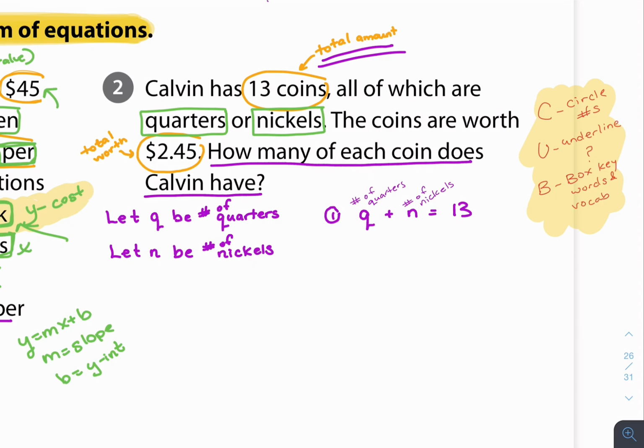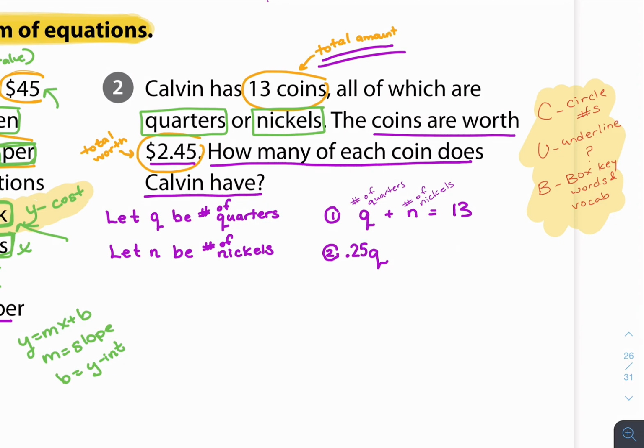Now my second equation has to do with what the coins are worth. The coins are worth $2.45, right? So in order to figure out how much the coins are worth, I have to multiply the amount of the coins by the worth of each coin. So a quarter is worth 25 cents.